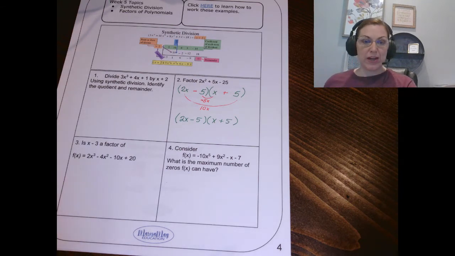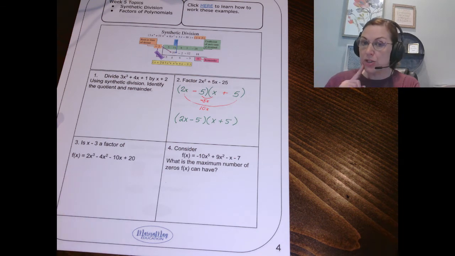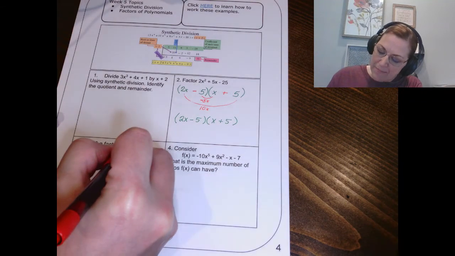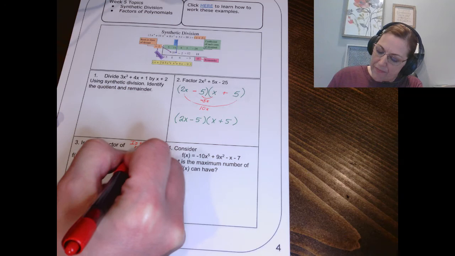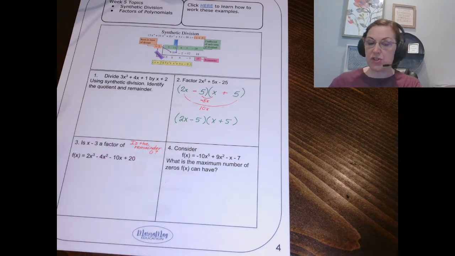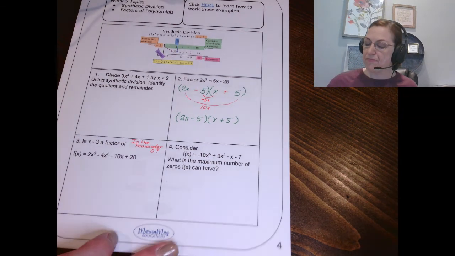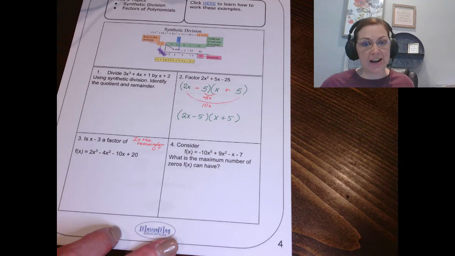Okay, number 3. Is x minus 3 a factor of this polynomial? This one's a little bit more difficult to factor. So here, let me translate this question for you, saying, is the remainder 0? Meaning, if I can do synthetic division here with x minus 3, and I get a remainder of 0, then this is a factor.